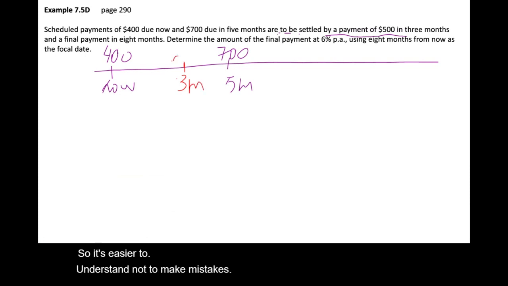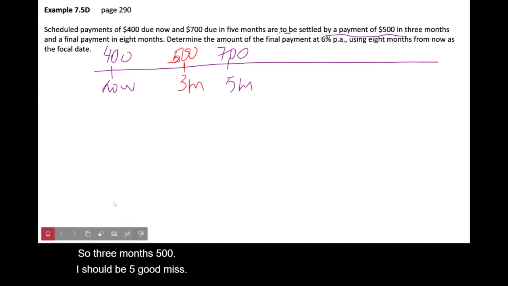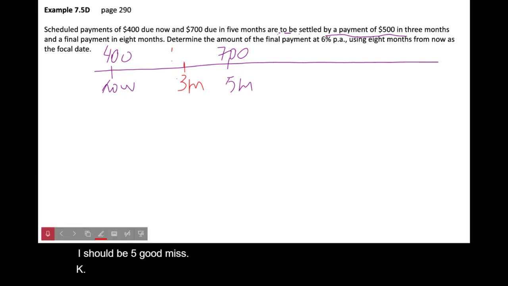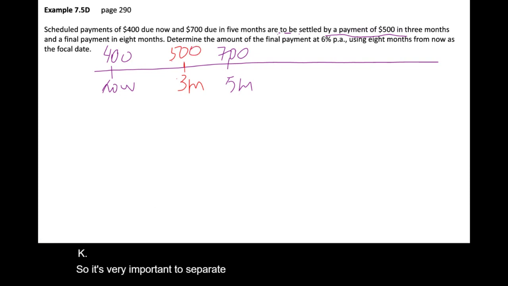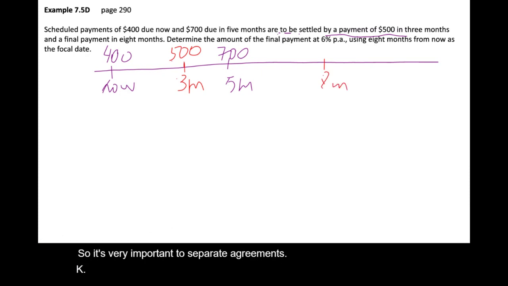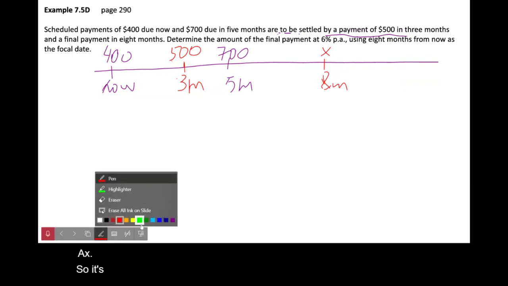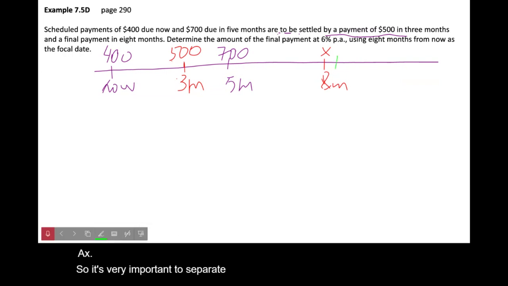So 3 months 500, well, it should be 5. Goodness. So it's very important to separate agreements. 8 months, X. So it's very important to separate which agreement is which.